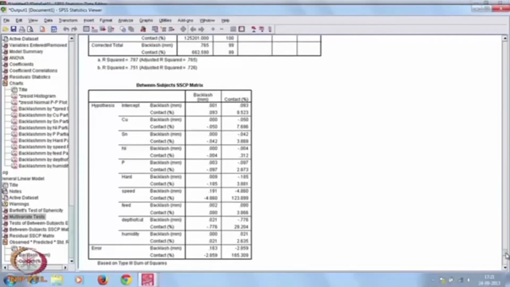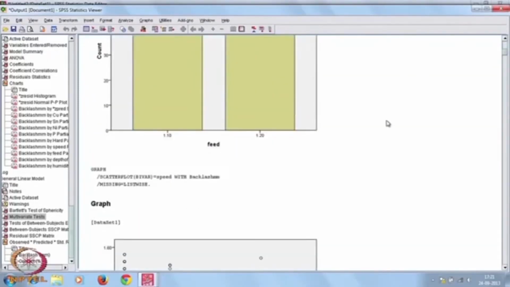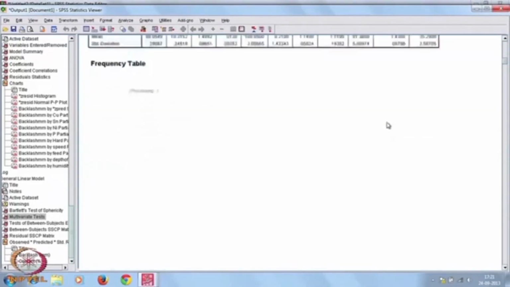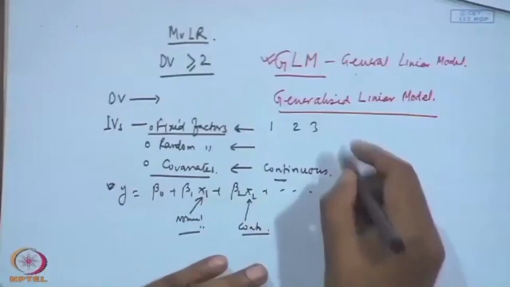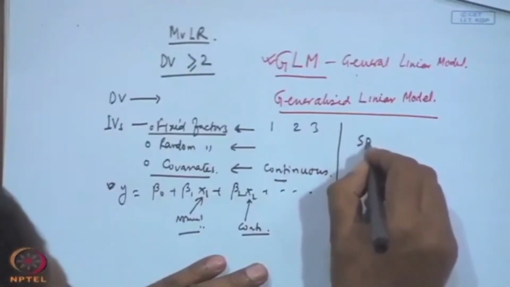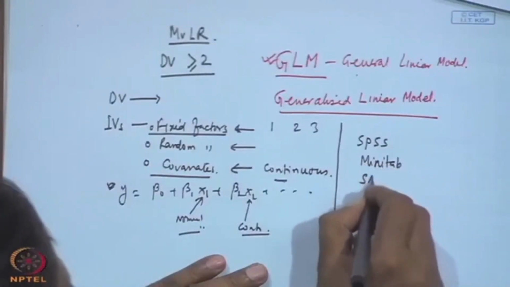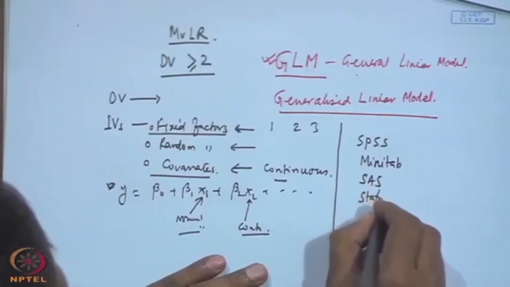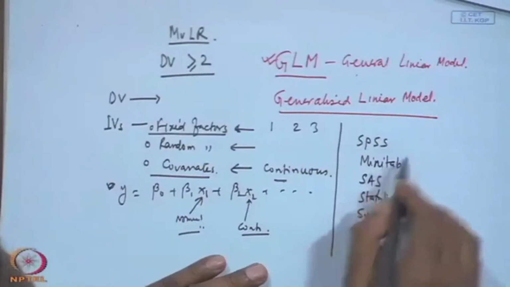Like residual plots. So if you know the theory and if you are really applying multivariate statistics, then SPSS is a very good tool. You can use SPSS, you can use Minitab, you can use SAS. There are many statistical software packages: SPSS, Minitab, SAS, Statistica, SYSTAT.